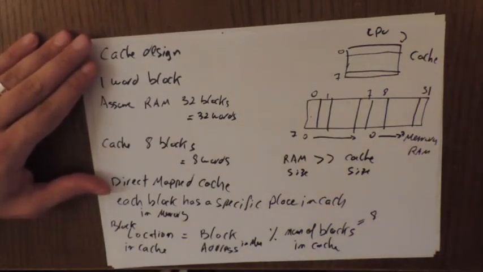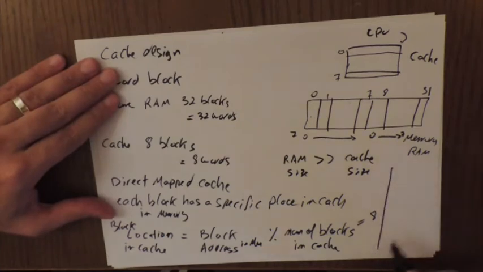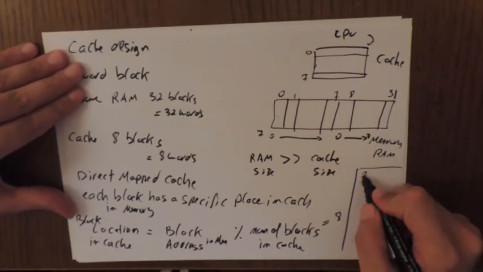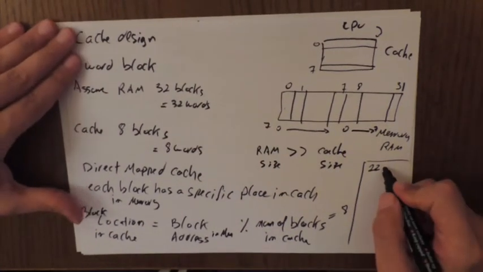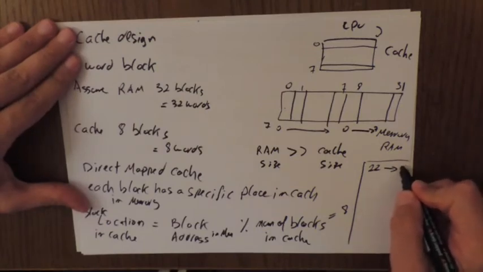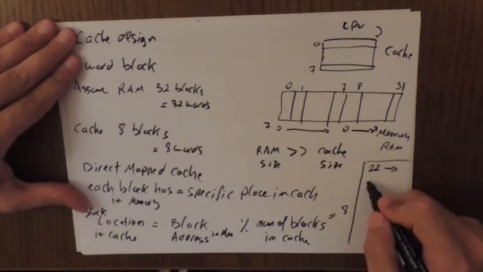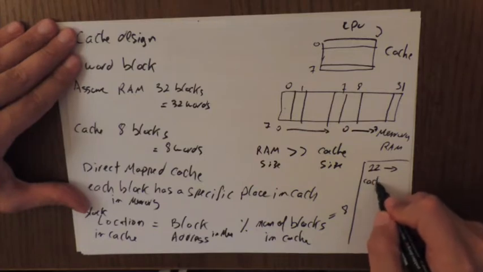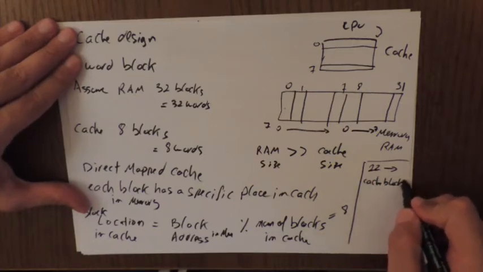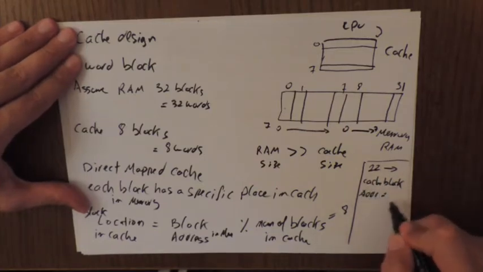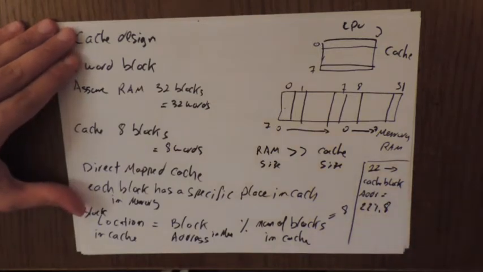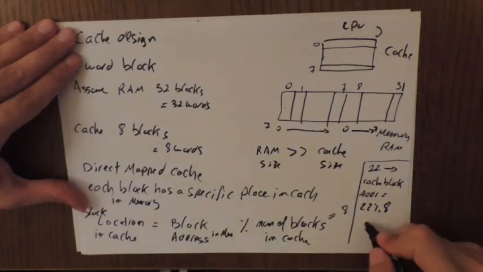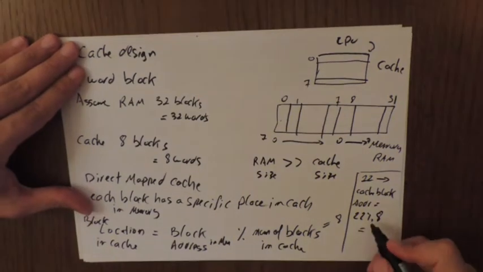So I gave the example of 22, which block in cache? Simply, the cache block address is equal to 22 modulo 8, and this will of course be equal to 6.